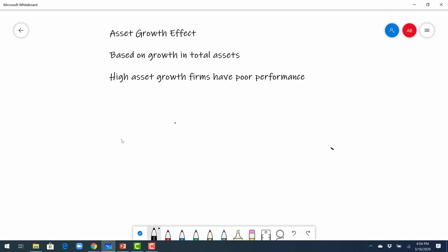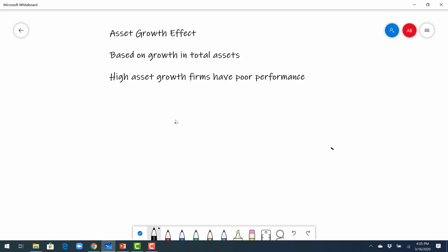The difference historically is quite large. The low growth minus high growth portfolio, long low growth and short high growth, has a return difference of about 20% per year. That's a significant return for a long-short portfolio.